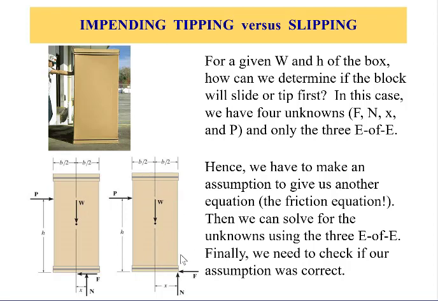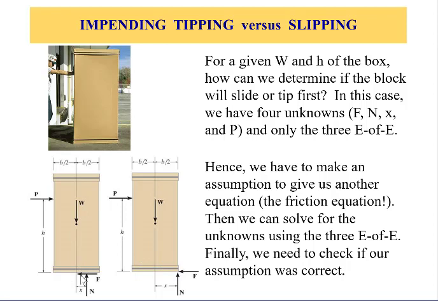For example, this cabinet, if pushed by P, could tip about the corner, causing the object to rotate clockwise. A slip means the object doesn't tip, but rather slips in the direction of the force applied, and in this instance the friction force is opposite to the motion, which is to the left here.